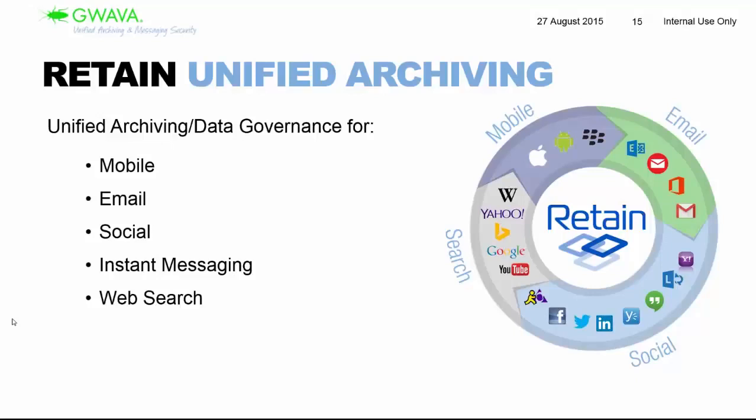Retain, the social media portion and the web search portion of it, will prevent your employees from posting things to social media or via instant messaging that violates policy. And so there's that monitoring piece in there as well. And then for web searches, if somebody's searching something that violates your policy, Retain can monitor and prevent them from posting things that they shouldn't. And then, of course, it's all archived.